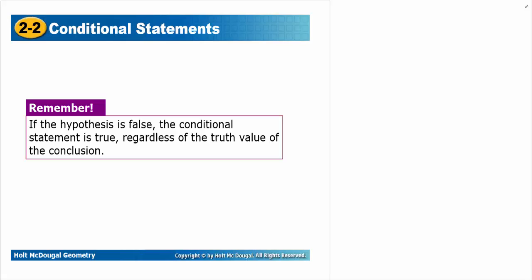But if the hypothesis is false, the conditional statement itself is true, regardless of the truth value of the conclusion. So that's why we had that one earlier as a true conditional statement, right? So again, this is just a reminder. I went over it already, but just giving that reminder one more time.